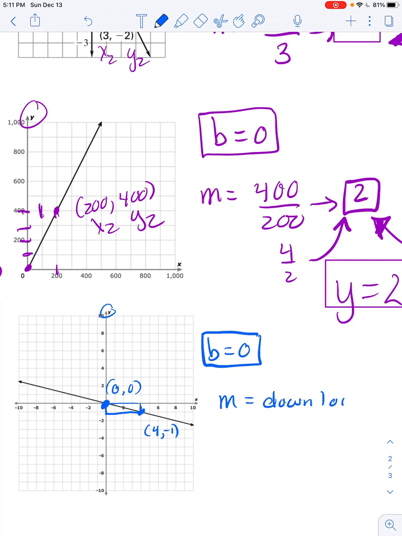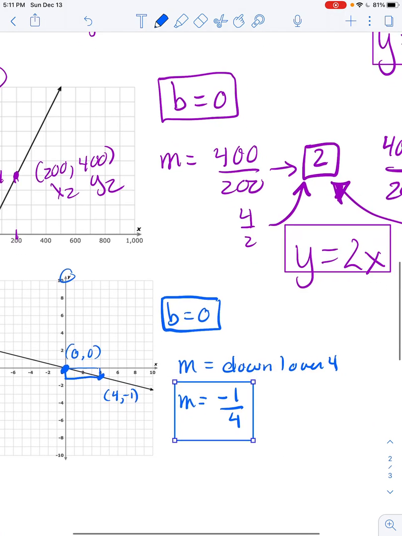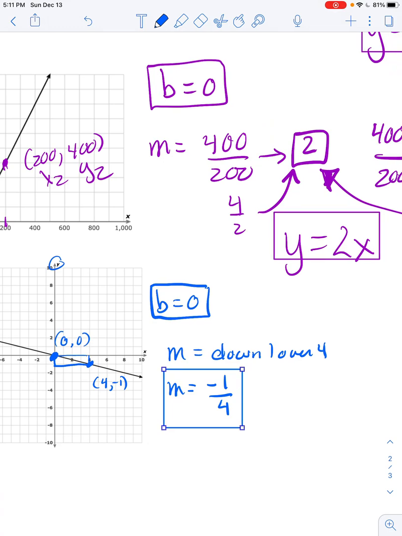Thinking, okay, down 1 over 4 is going to come out as a negative 1 over 4 for a slope value. If you don't feel confident counting it out like that, I would do the same thing that I said before. I'd use my left point as x1, y1, my right point as x2, y2, and I would do my formula. y2 minus y1 over x2 minus x1, and get negative 1 over 4, which is the same thing.